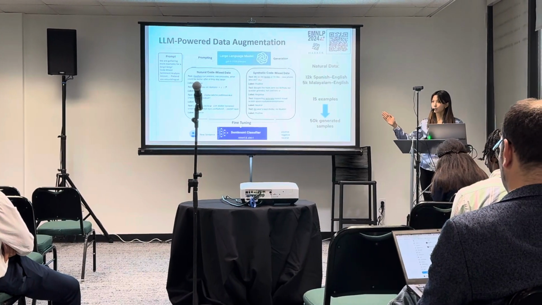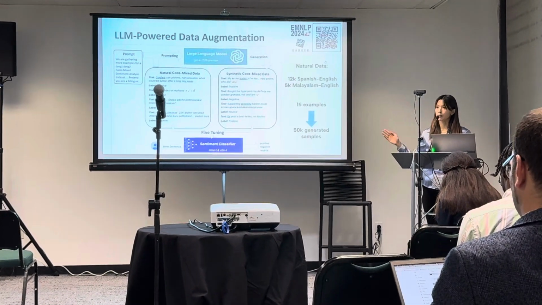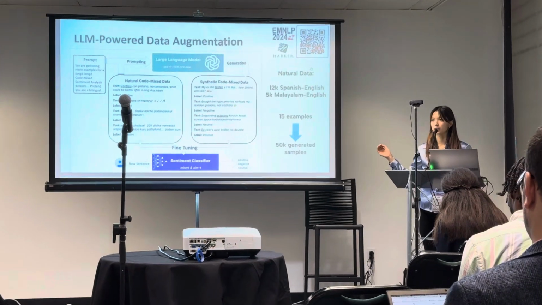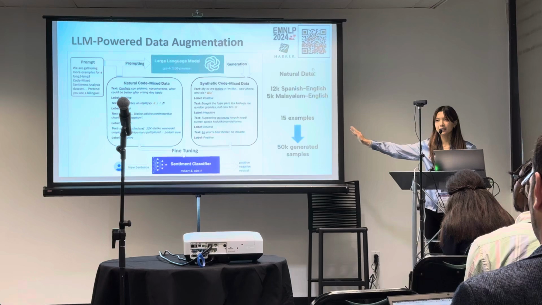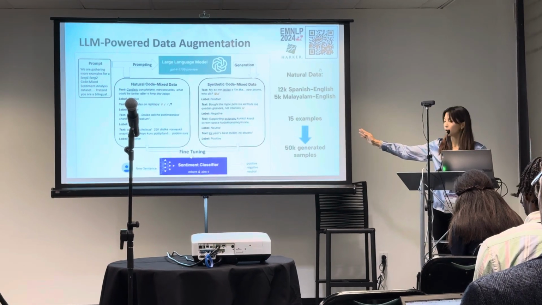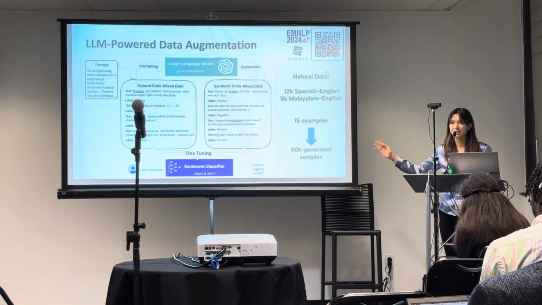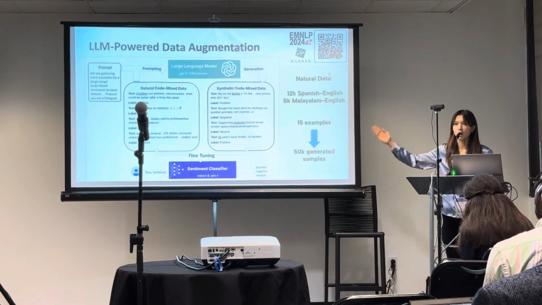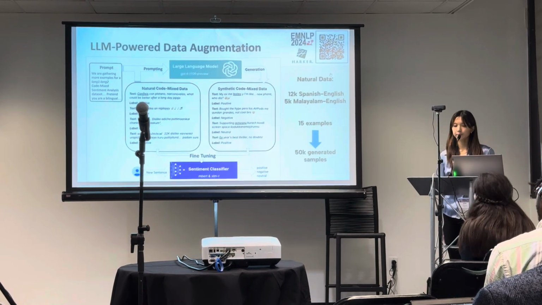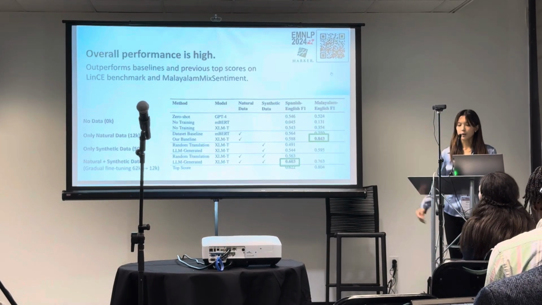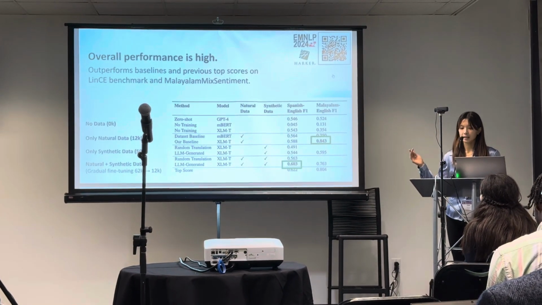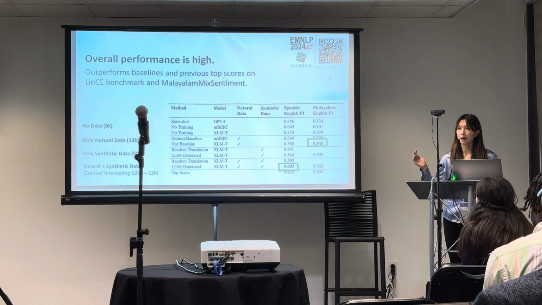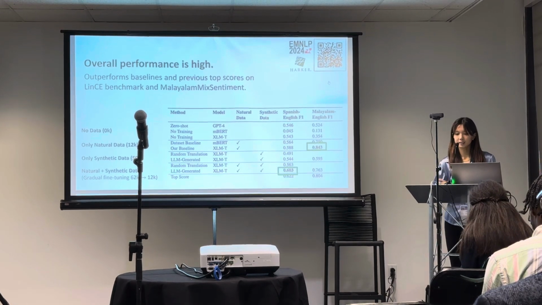So we test this on both Spanglish and Malayalam-English, which is a more low-resource language pair. And essentially, from only 15 natural examples, we can get to 50,000 generated samples, all from GPT-4. Right, so we actually find that these generated samples improve performance by upwards of 10%.